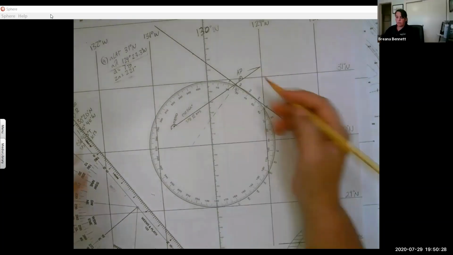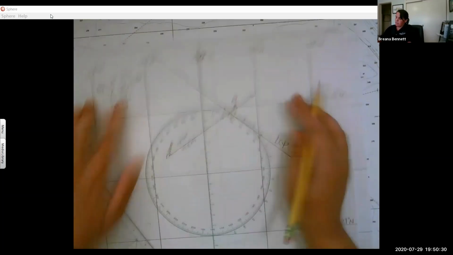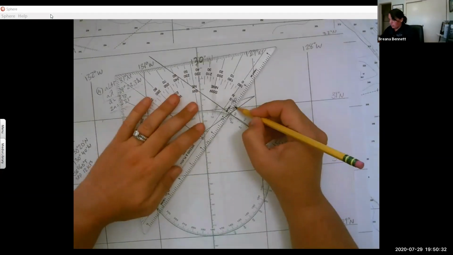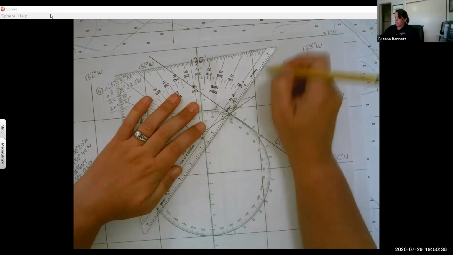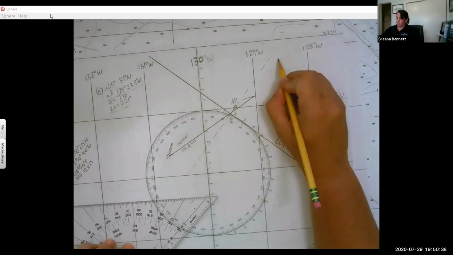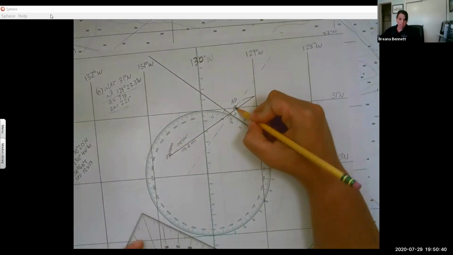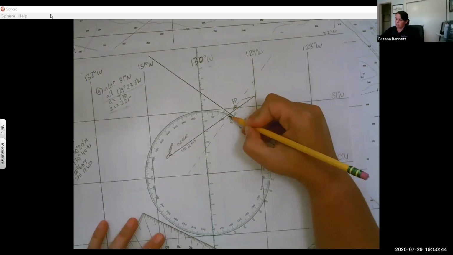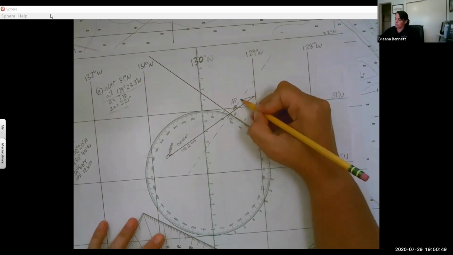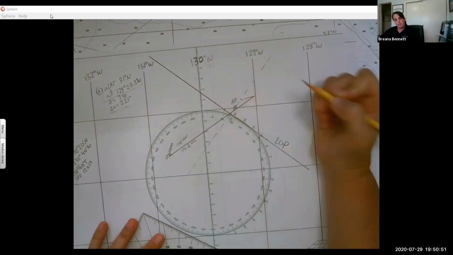So if this one was 7 away, we have our 2, 2, 1 going away from 2, 2, 1. So we start at our assumed position and we went 7 nautical miles towards 2, 2, 1. If we were going 7 nautical miles away from 2, 2, 1, it would be right here.